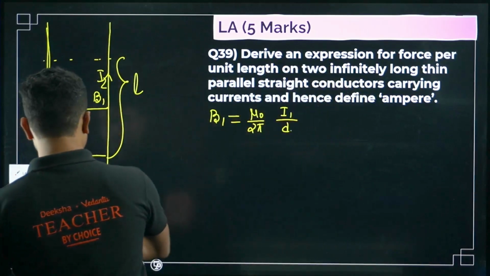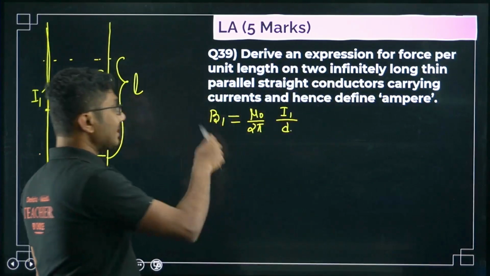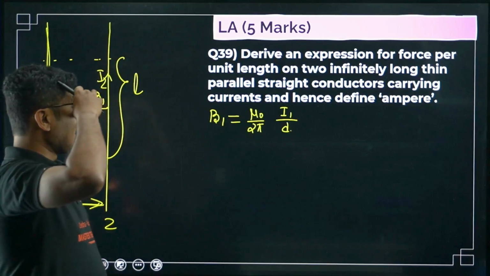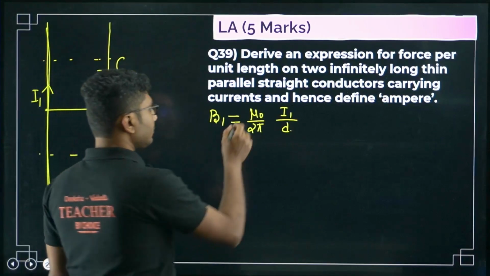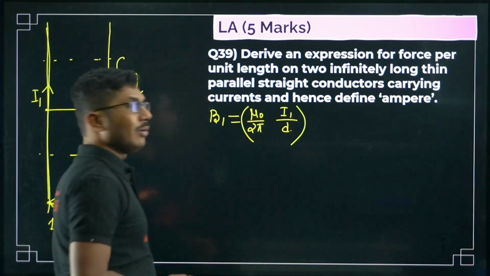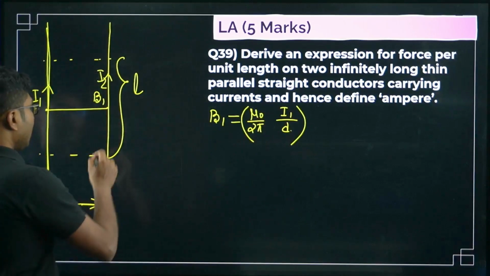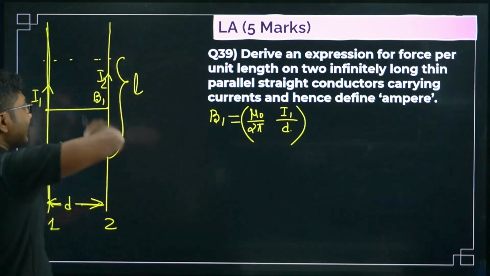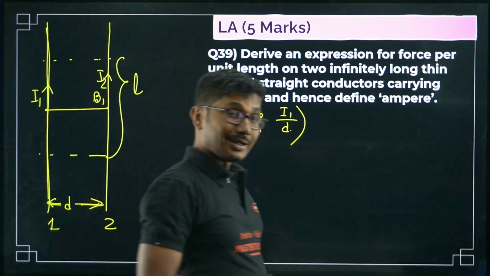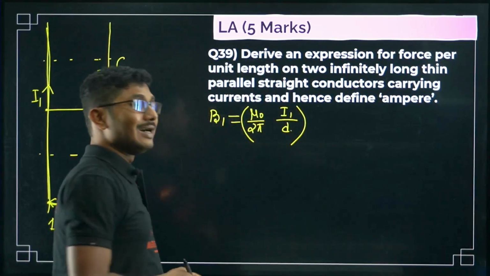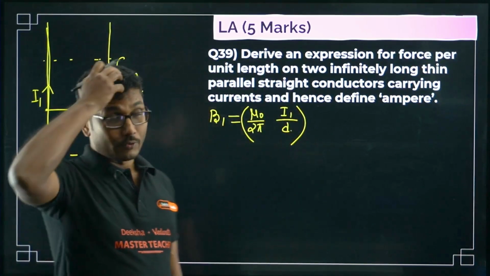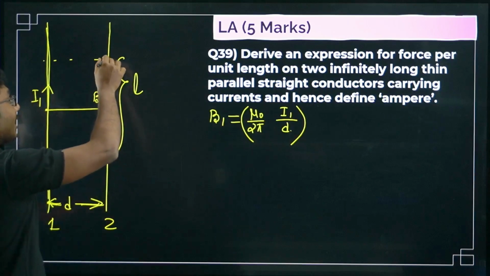Right, now let's move on. So B1 is mu naught by 2 pi, I1 by d. Now suppose the current through this is I2, and what is the force acting on this wire?